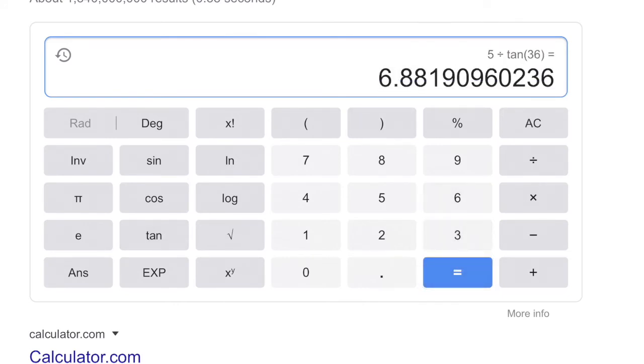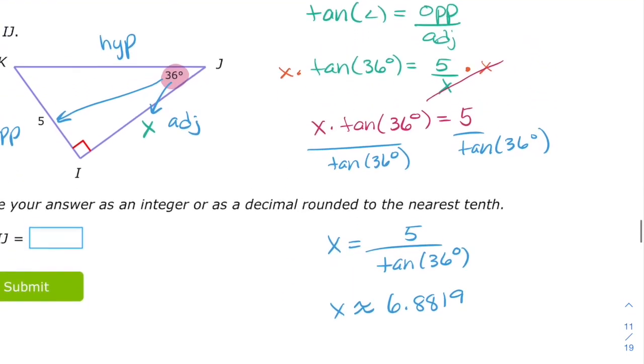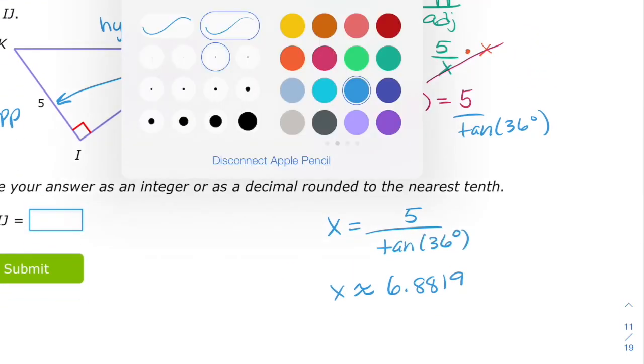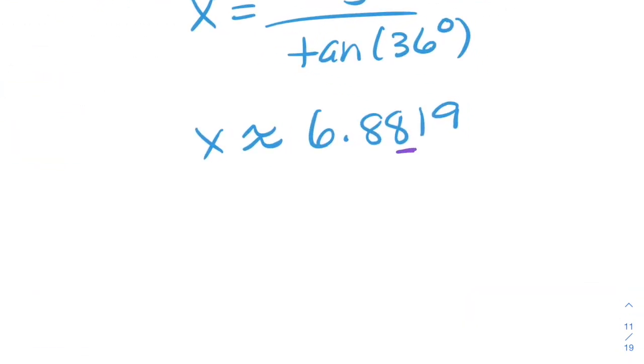And we're going to get 6.8819. And we're going to round. That 8 is going to bring it up to 6.9.